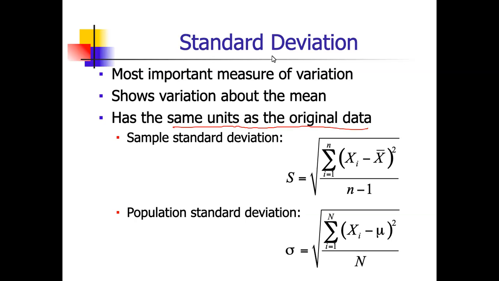That is because, if you look at our formula, the expression inside the radical symbol, or the square root sign, is simply the formula for our variance. To get the standard deviation, we simply take the square root of the value for our variance.